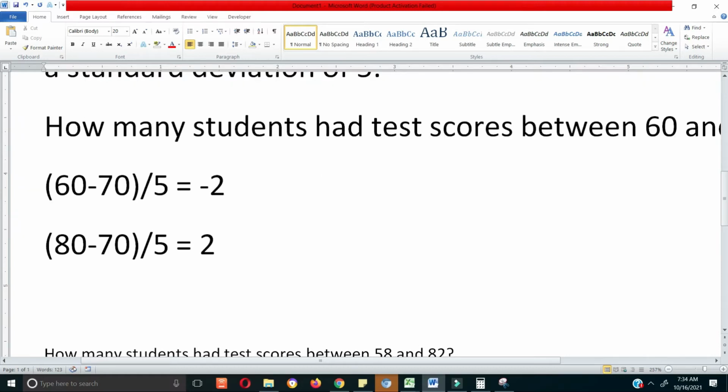From Chebyshev's theorem, we already know that 75% of students should be between these values, because this is 1 minus 1 over 2 squared, which is 4. That gives us 3 over 4, or 75%. So we know that 75% of our students are between 60 and 80.